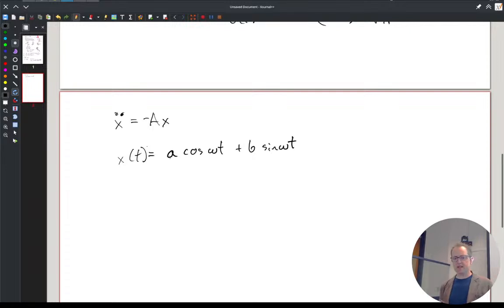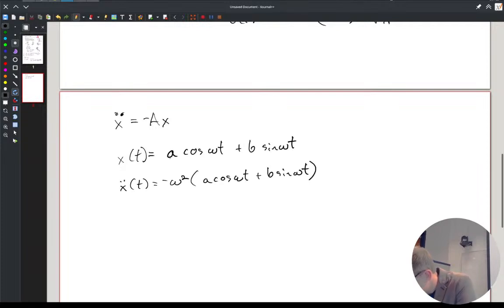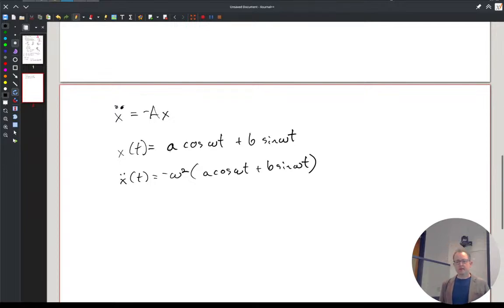So if we have a general form and I assume that's the answer, then its second derivative looks like this, which is negative omega squared times the original.